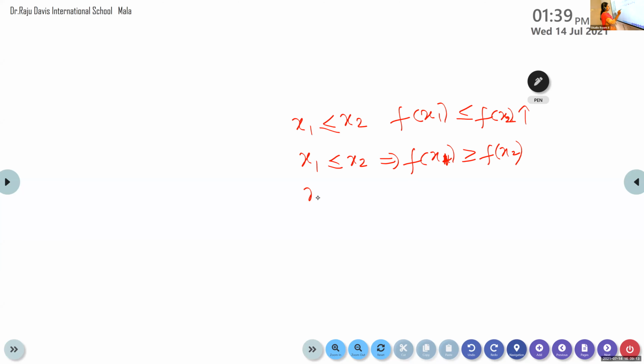Or you can write the reverse, when x1 is greater than or equal to x2, for greater values it will be f of x1 is less than or equal to f of x2. Is it clear? This way also it may be asked, children. When they change the sign, x1 is greater than x2, so for bigger values, the corresponding f of x value should be smaller.